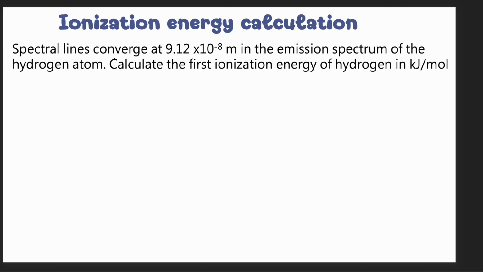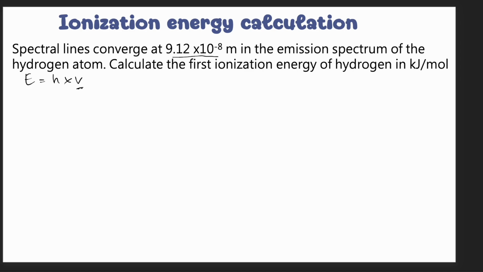Spectral lines converge at 9.12 times 10 to the power negative 8 meter in the emission spectrum of the hydrogen atom. Calculate the first ionization energy of hydrogen in kilojoule per mole. So to do the calculation, ionization energy equals h times v.